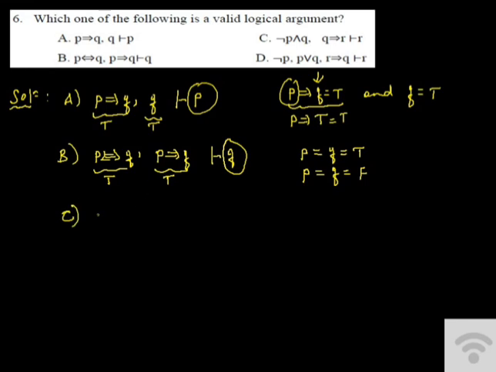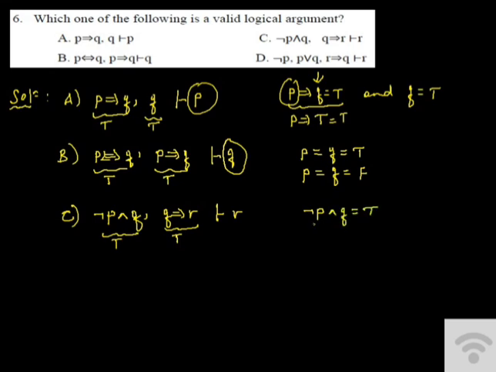Let's check for C. The negation of P and Q, and Q implies R. These are the premises, and the conclusion is R. So put the premises as true. But let's take the first premise.